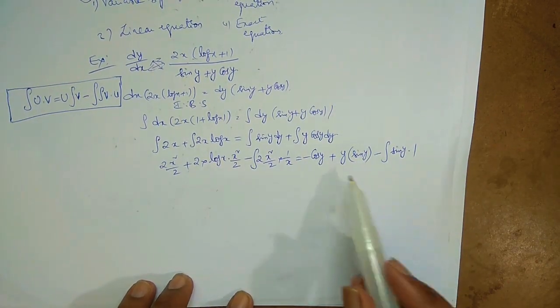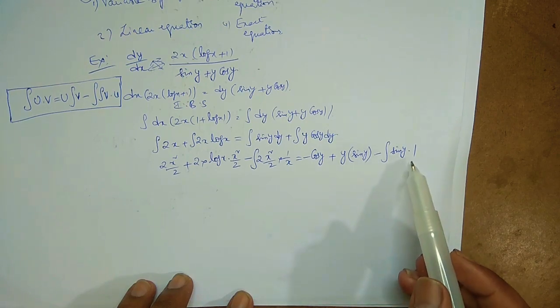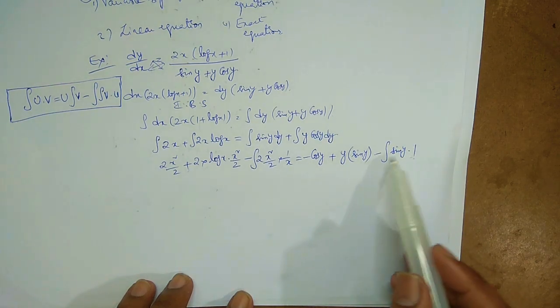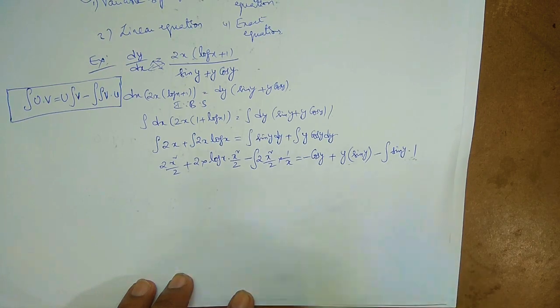Okay, you always have to choose the function in such a way that the derivative gets vanished in the second part of this uv. Here it is getting vanished, the derivative of y is 1, right?